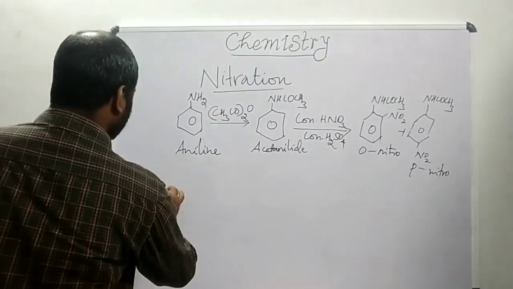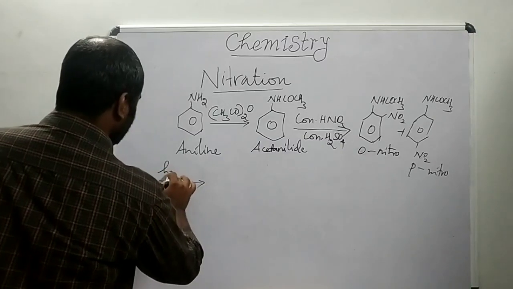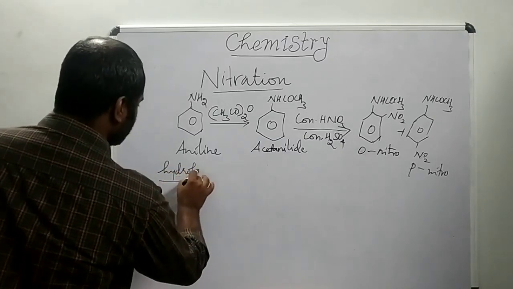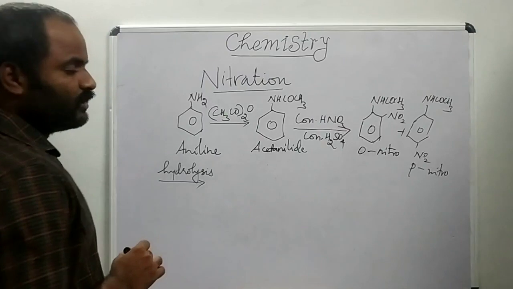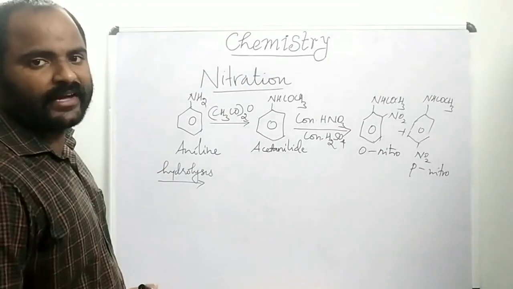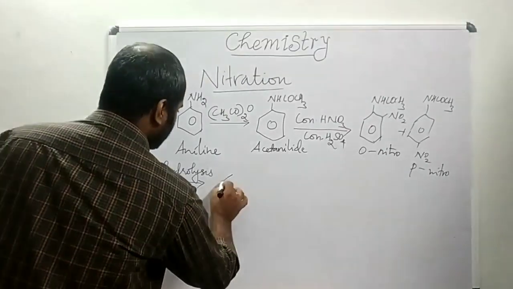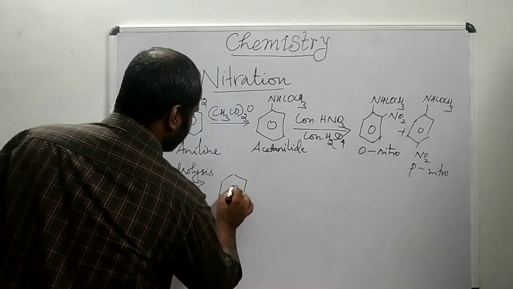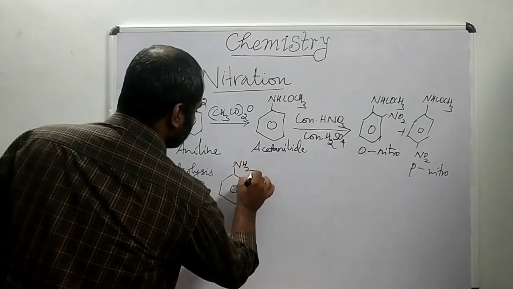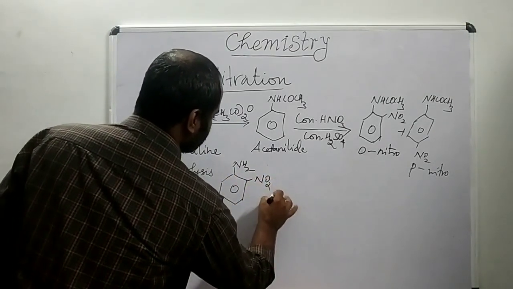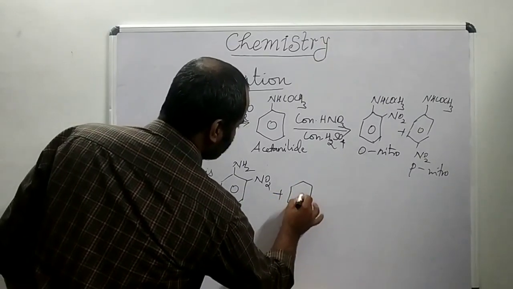Then this ortho and para-nitroacetanilide on hydrolysis, you get the desired products. That is ortho-nitroaniline, NH2 and NO2, plus para-nitroaniline.